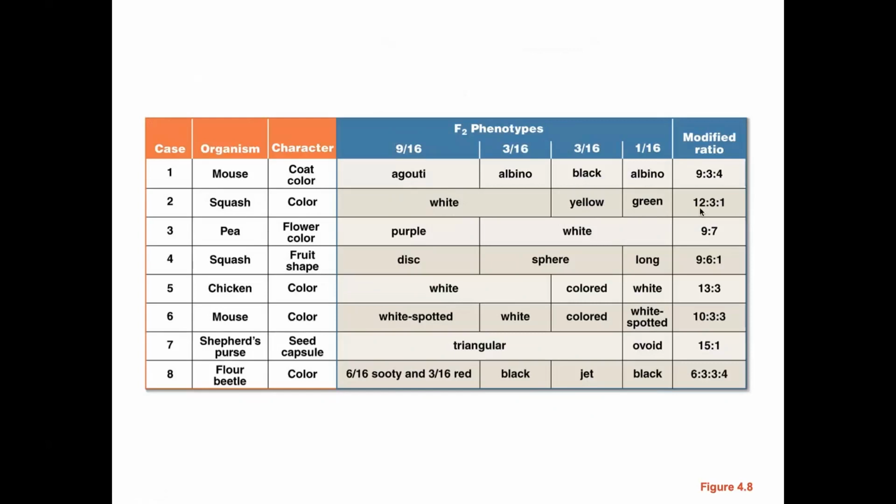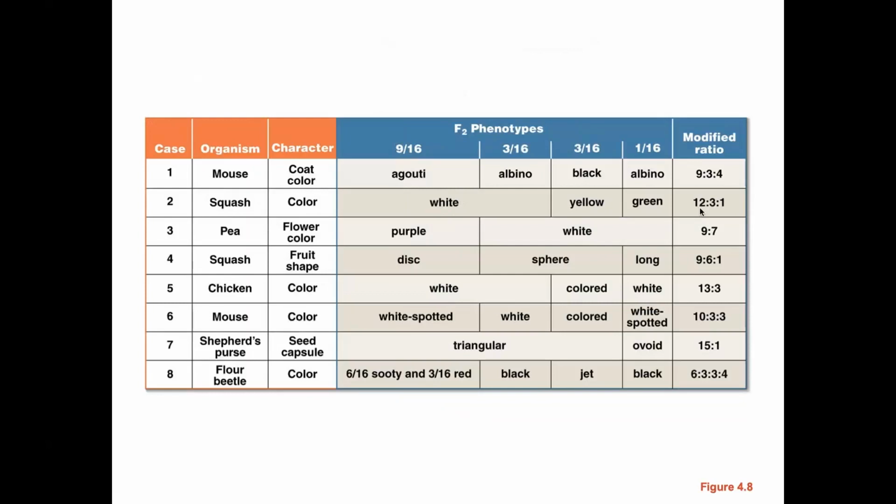If you combine the 9 and the 3, you get 12, and then 12:3:1. So again, what they proposed here is that the trait is determined by two genes, and they're interacting in some way, an epistatic interaction, to cause this non-Mendelian segregation pattern.